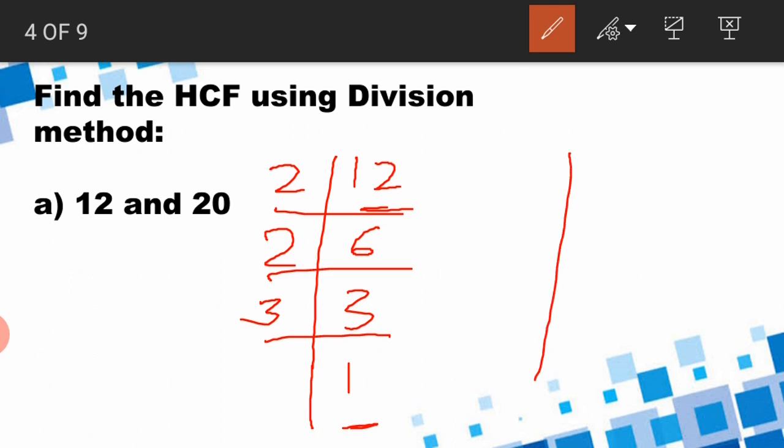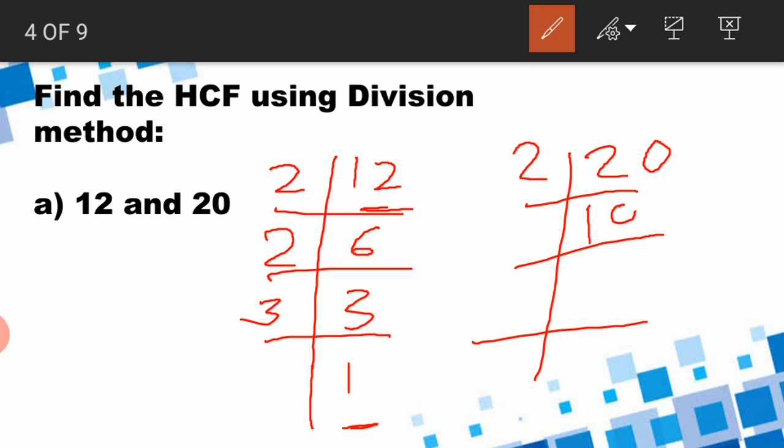Now we have 20. 2 10s are 20. We have 10 now. 10 is also divisible by 2, and 2 is the smallest prime number and prime factor also. 2 5s are 10.